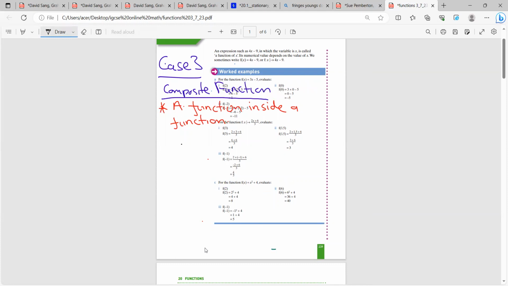Let's do it this way. Our example. So given that f of x is equal to, let's just say, x squared plus 2x.